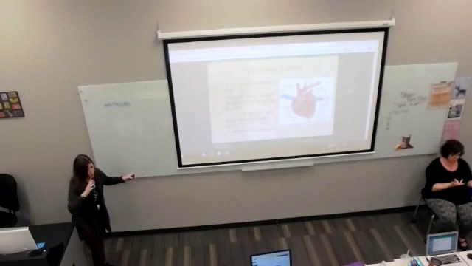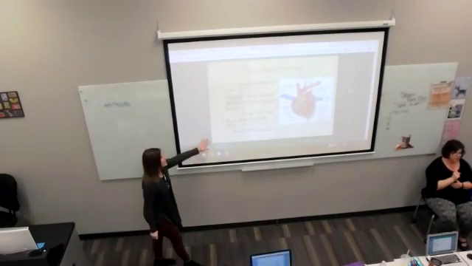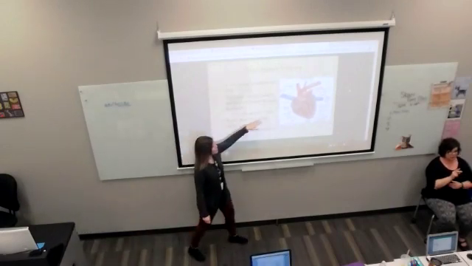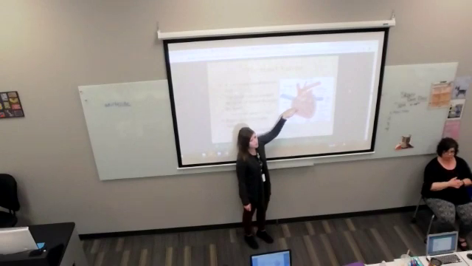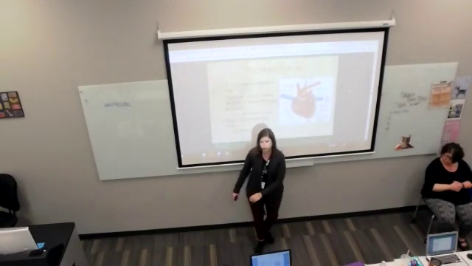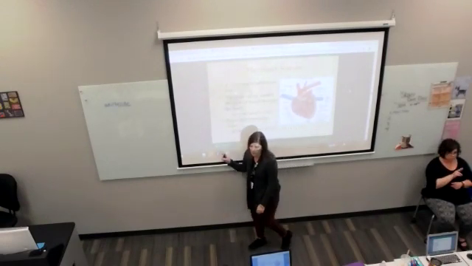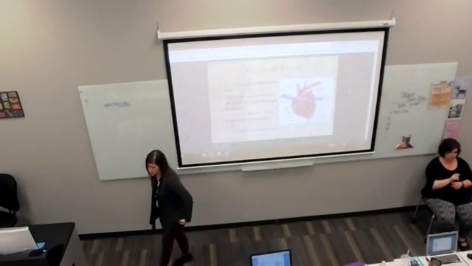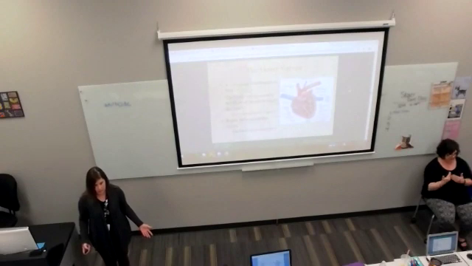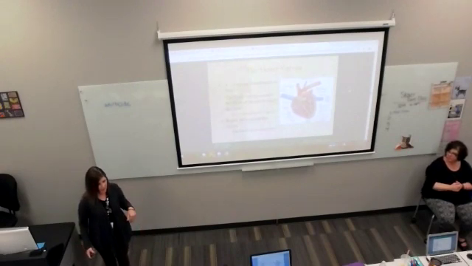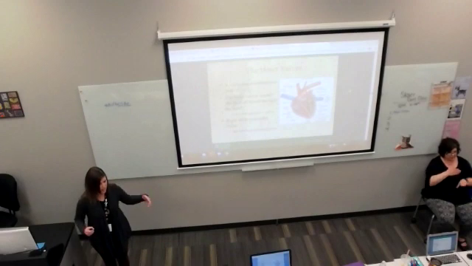Sorry, not my fault. So the right atrioventricular valve, that's the doorway right here. It separates the atria and the ventricle. That's why it's called right atrioventricular valve. It's also called the tricuspid valve. You need to make sure you know both. I think the right AV is pretty easy, right? Because that's what side it's on and that's what it's dividing. So that's kind of easy.